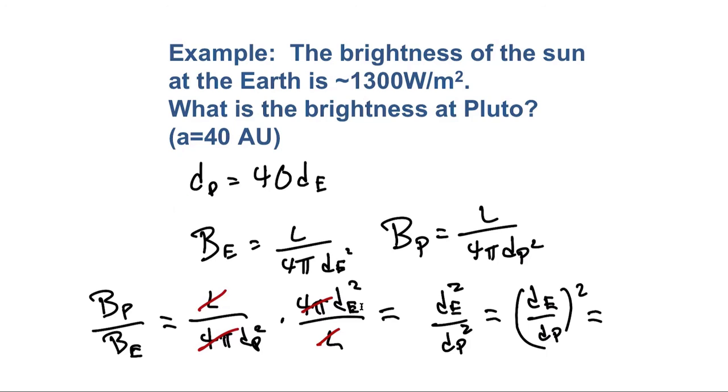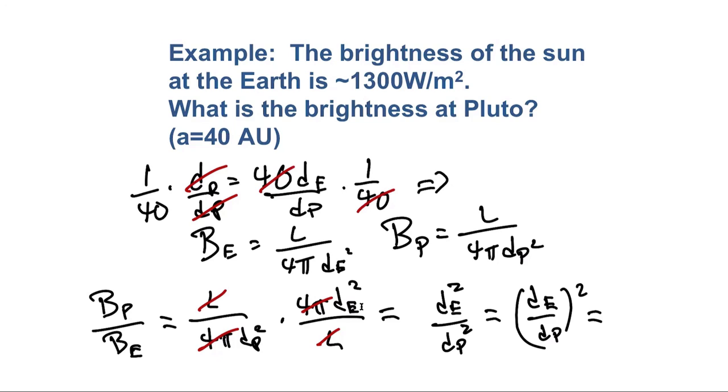Let's do some algebra here to see how that works. If I divide both sides by dP, I get the dP canceling out over here. I also have to divide both sides by 40. Things cancel out over here, namely the 40, and I get dE over dP is equal to 1 over 40.